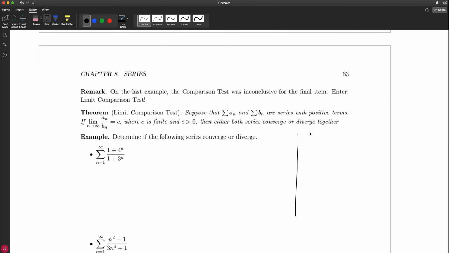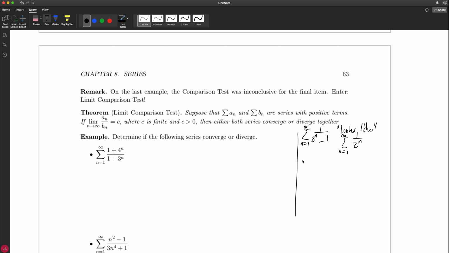So let's see. What I'll say is the sum from n equals 1 to infinity of 1 over 2 to the n minus 1 looks like the sum of 1 over 2 to the n from n equals 1 to infinity.